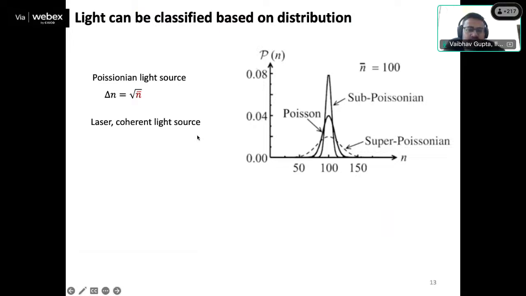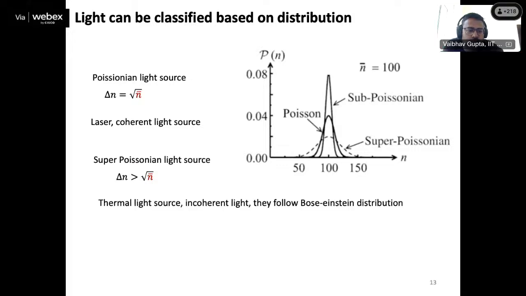That is called the Poissonian light sources. What is a Poissonian light source in real life? Laser is an example of Poissonian light sources, or any other coherent light source. They show Poissonian statistics. Another one is super Poissonian light sources, the ones which are like this one. There the fluctuations are quite big actually. Fluctuations are bigger than the root of average.